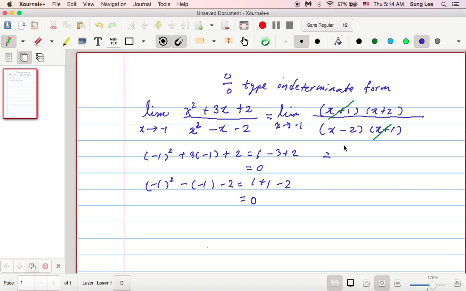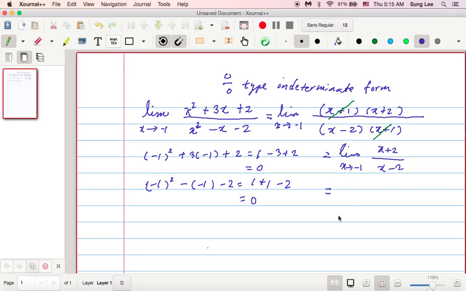So this leaves us with the limit as x goes to -1 of x plus 2 over x minus 2. It is no longer 0 over 0 type because that factor, which makes the numerator and the denominator 0, has gone.